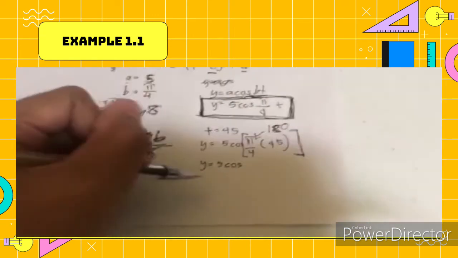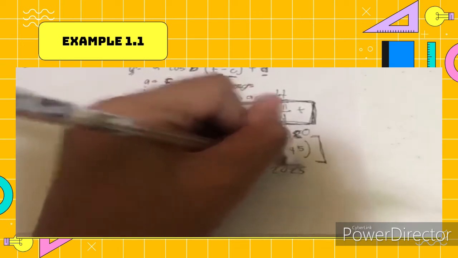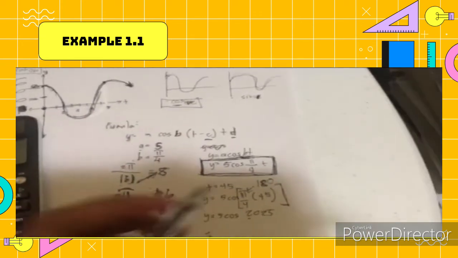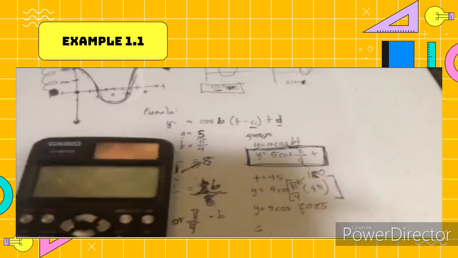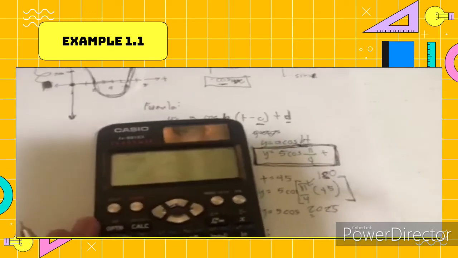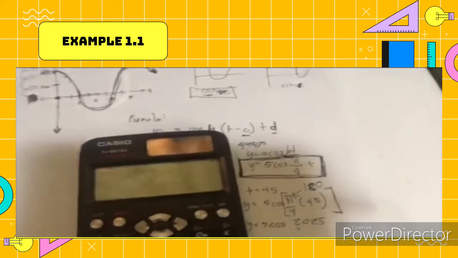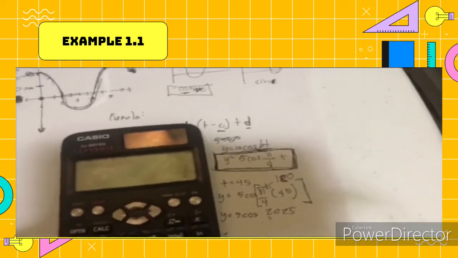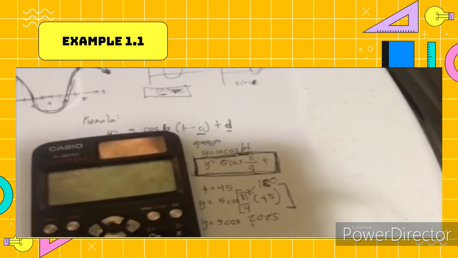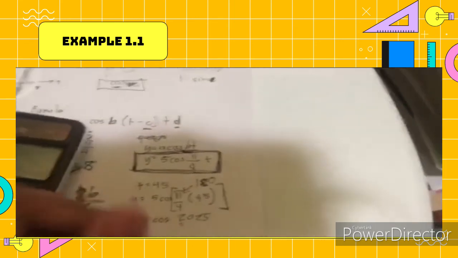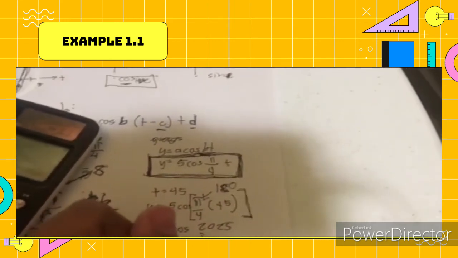So 5 cosine of 2025. Kapag nakuha nyo na to, itong 2025, i-direct nyo siya, multiply by 5, is equal to negative 3.5355.